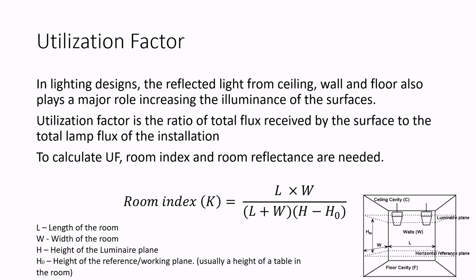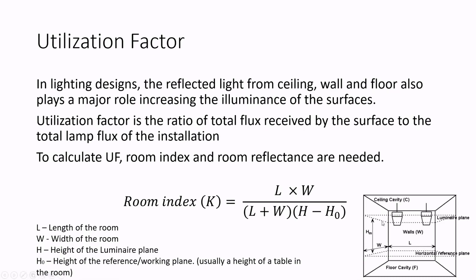When you are calculating this utilization factor, you need to know two things: the room index and the reflectance values. Reflectance values you need to find out using equipment, and the room index you can calculate easily.